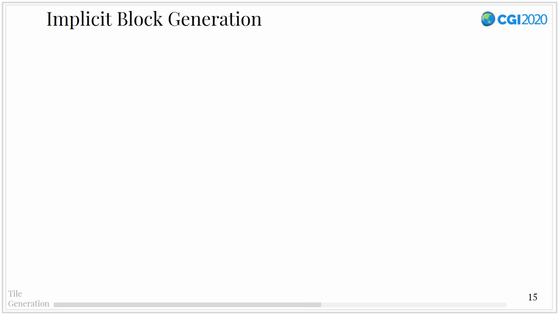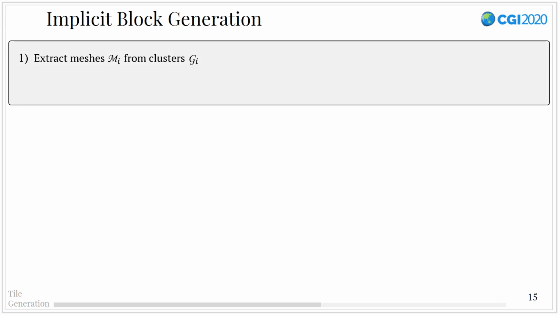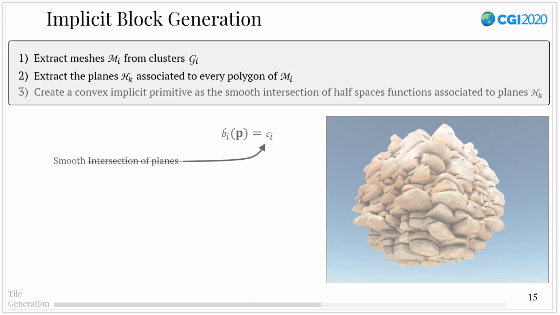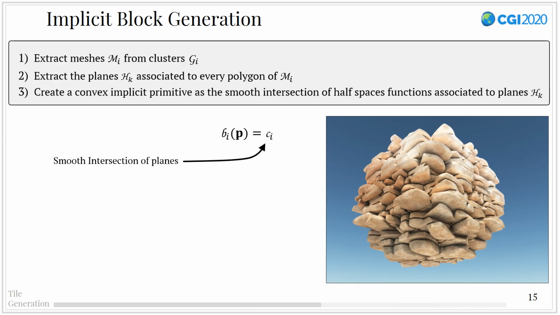Recall that our goal is to create implicit primitives for representing the meso and microscale details of virtual terrains. From the previously computed clusters Gi, we compute polygonal meshes using the quickhull algorithm. For each triangle in a mesh, we extract planes Hk and create an implicit primitive defined as a smooth intersection of half-space functions associated with the planes Hk.